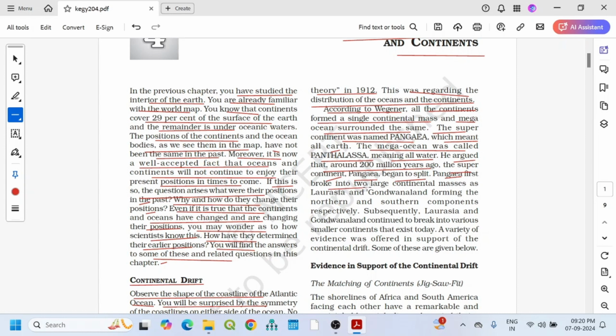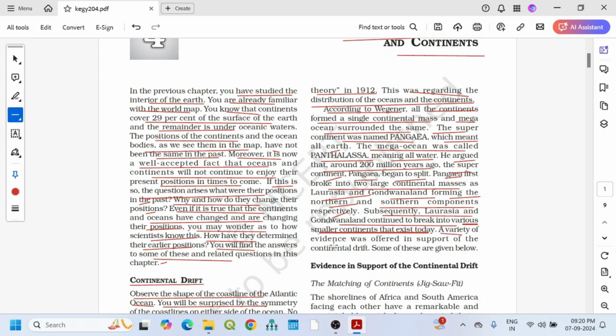Pangaea first broke into two large continental masses as Laurasia and Gondwana, forming the northern and southern components, respectively. Subsequently, Laurasia and Gondwana continued to break into various smaller continents that exist today.